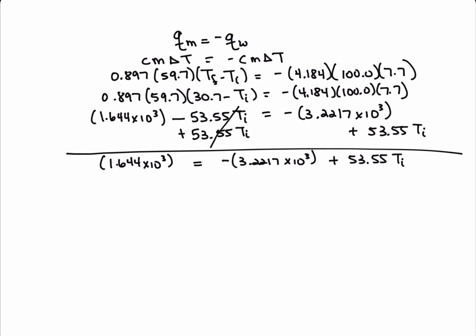I'm going to get my constants on the other side, so that means I'm going to have to add 3.2217 times 10 to the third on both sides.